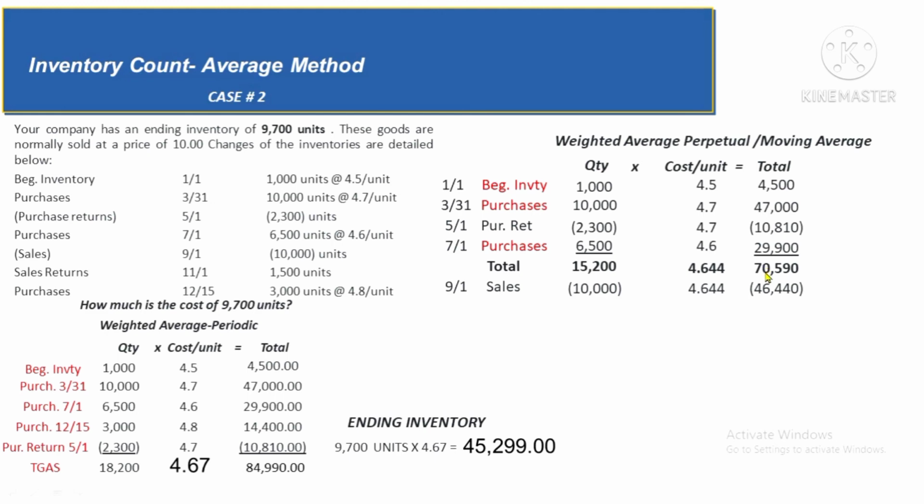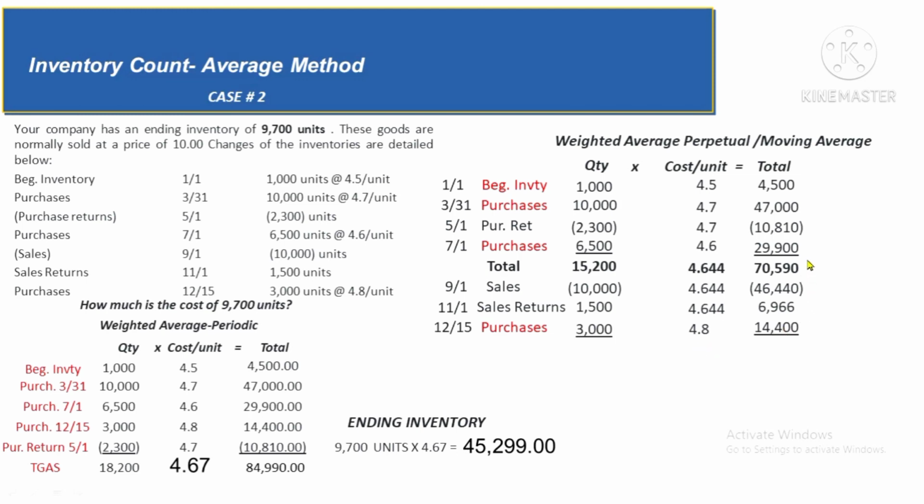This transaction was followed by a sales return of 1,500 units. And the cost per unit to be adopted by this comes from the most recent sale, which is the 4.644. So we need to put that right here. So we have a total of 6,966. And lastly, we just have to add the last purchase transaction, which is 3,000 at 4.8, and we will have 14,400.